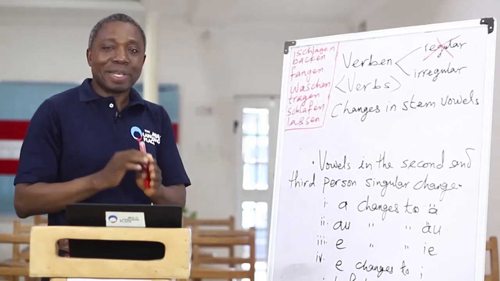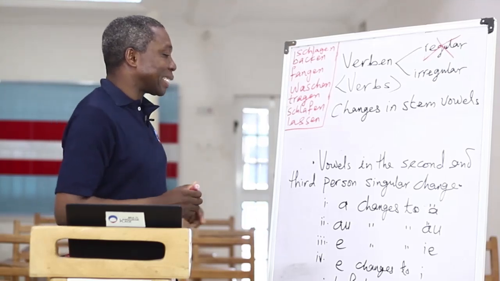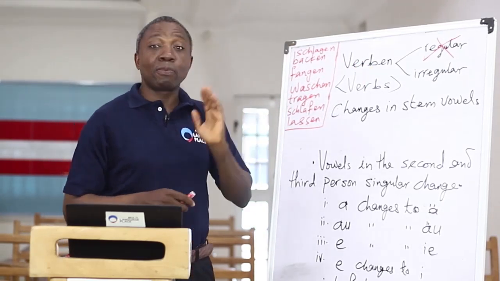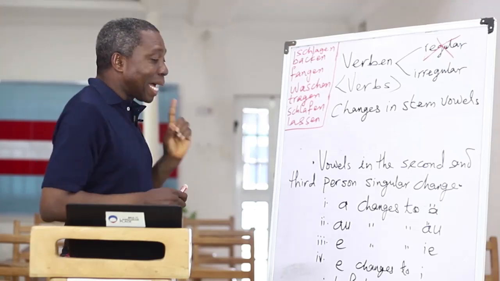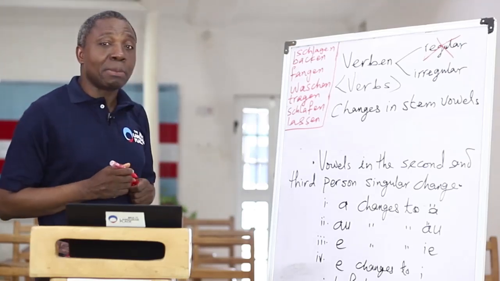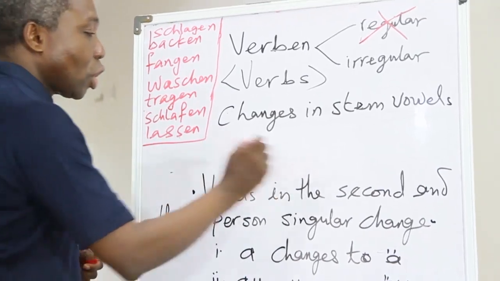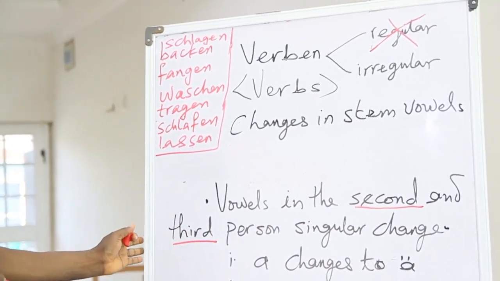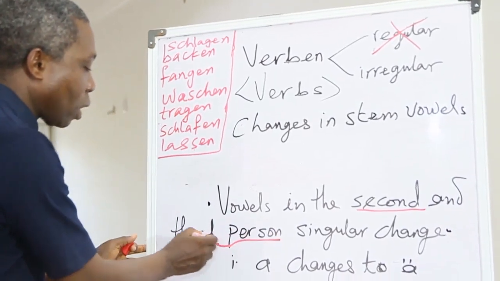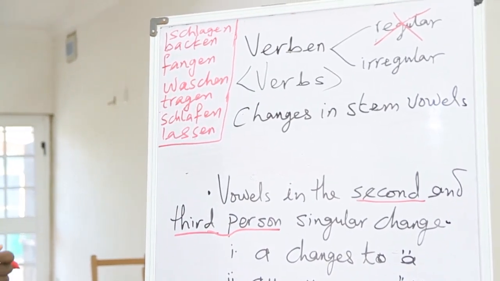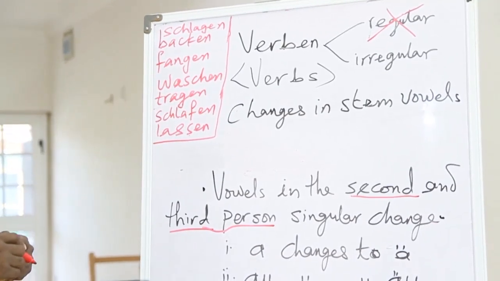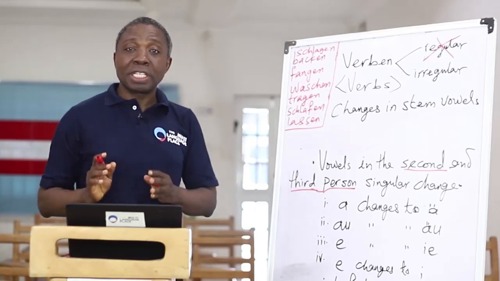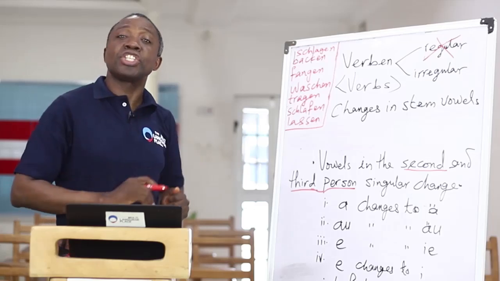Concerning the personal pronoun, what is important under the irregular verb is that the stem vowel will change. And where will the stem vowel change? It will change in the second and the third person singular. I told you there are 4 categories of these irregular verbs, or these kinds of changes.